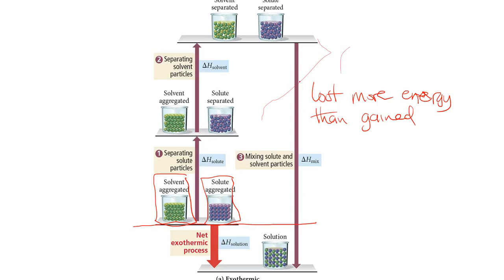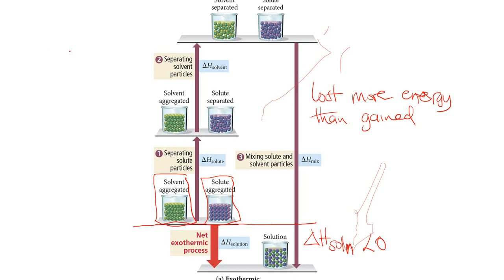So the actual energy of solution will be less than 0, because the net arrow is pointing downward, and this process is known as an exothermic process.